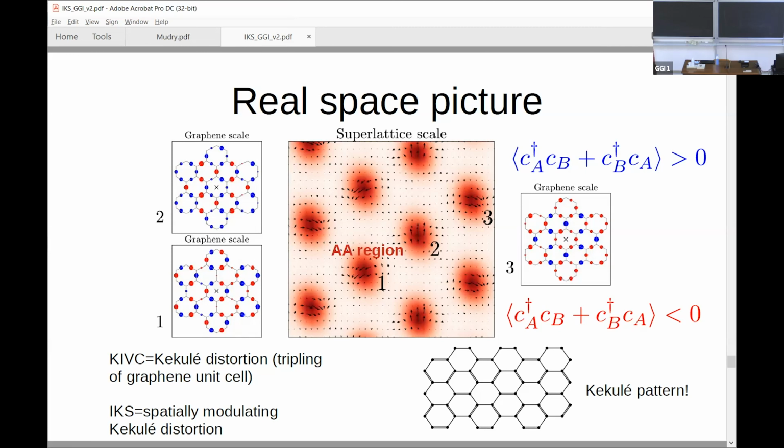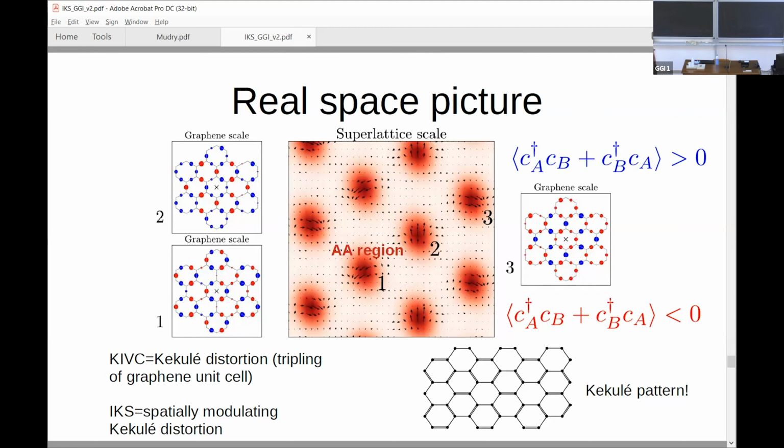And so now when we go from the KIVC state to the IKS state, what we're doing is we've got this same IVC order, but it's spatially modulating. Or in other words, this Kekule distortion is spatially modulating. And so if I go from one Moiré unit cell to the next, what's happening is that this Kekule distortion is shifting, and that's what I'm plotting here.